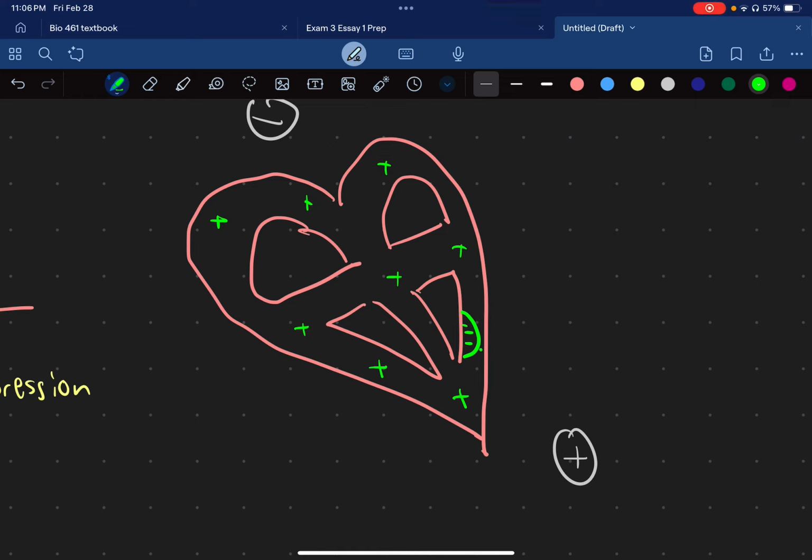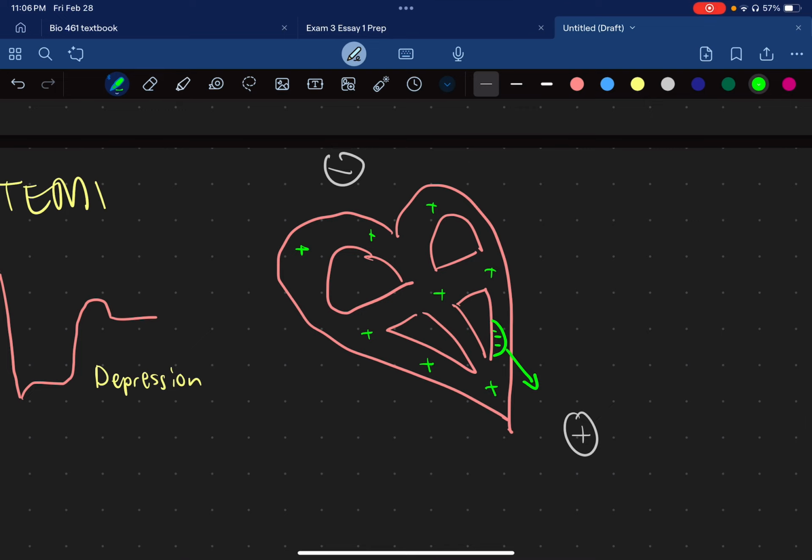And what that's going to cause is a constant vector going towards the positive electrode, which is going to cause a bump, right? But if it's constant, instead of being a bump, it's just going to be a straight line above where the baseline should be.